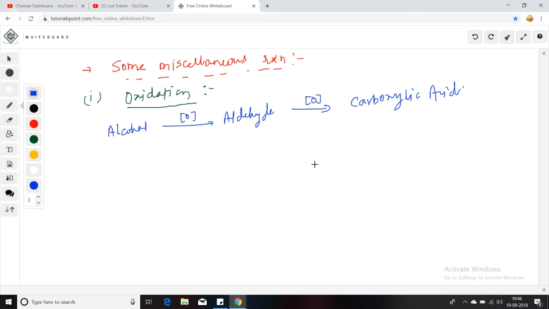Okay. So basically, you have to memorize certain reagents into this, and we have already discussed those reagents. Okay. First reagent, suppose we have chromic acid. Chromic acid, H2CrO4. It converts alcohol into carboxylic acid.